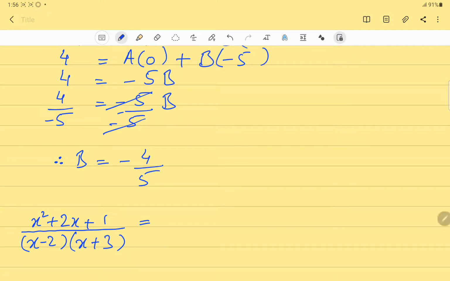So we will write it like 1 plus A, which is 9/5, over x minus 2 and B, which is minus 4/5, over x plus 3.